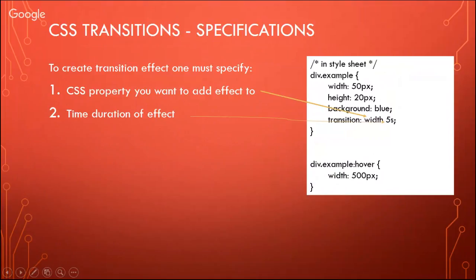We are going to affect the width, and the duration is going to be seconds. This CSS style is just going to affect the div with the class example here. So this is our normal standard, and we have our width and our time, the property, and then our time specification.